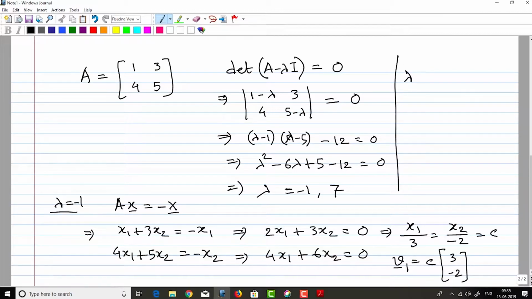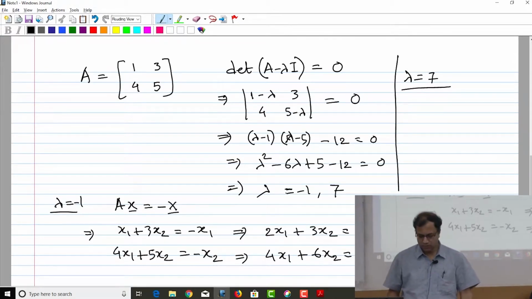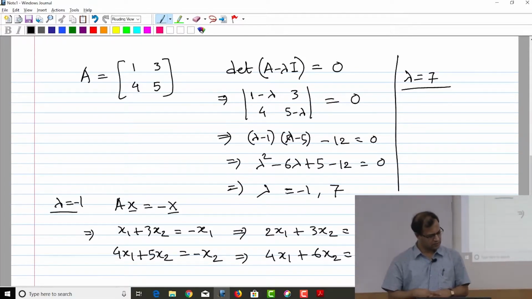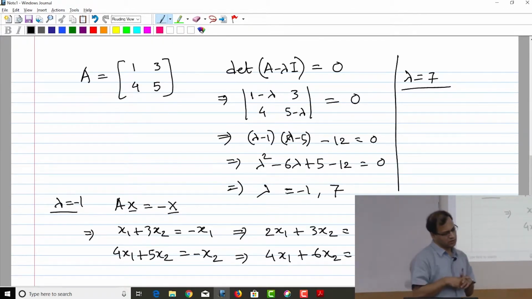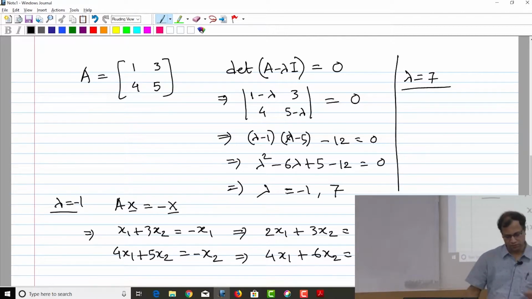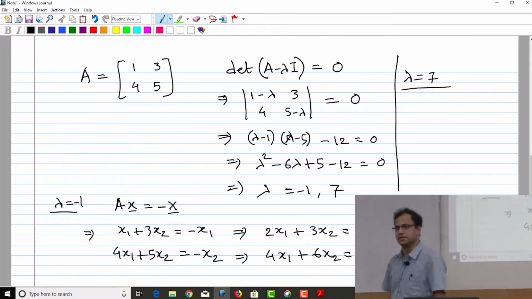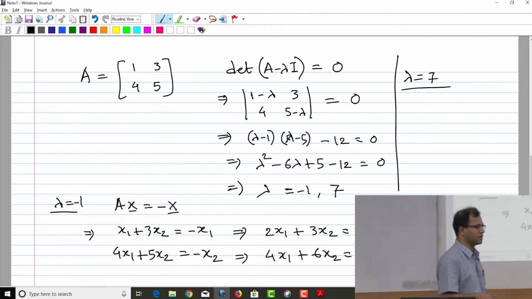So here we can see that, you just compute what is the eigenvector corresponding to 7, and then you see that they will be actually linearly independent eigenvectors. So corresponding to two eigenvalues, you will be getting two independent eigenvectors. Okay, but this may not be the case all the time.